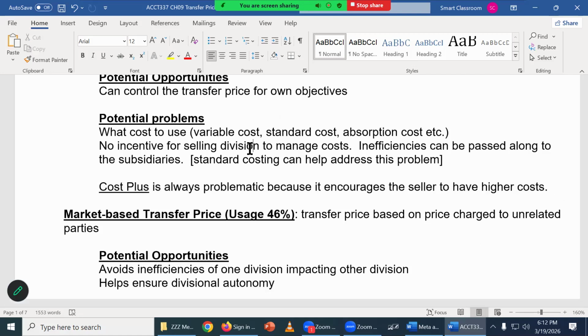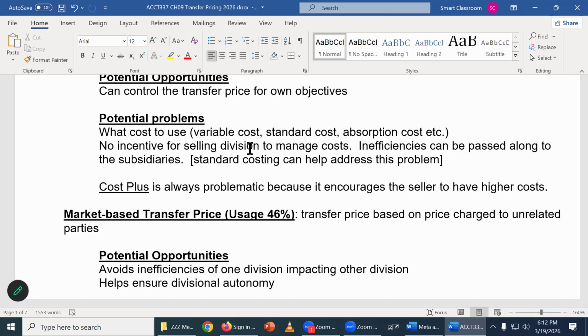It sounds reasonable: okay, 10%, 20%, whatever it is. The problem is, how would a company on a cost plus basis increase its revenue?